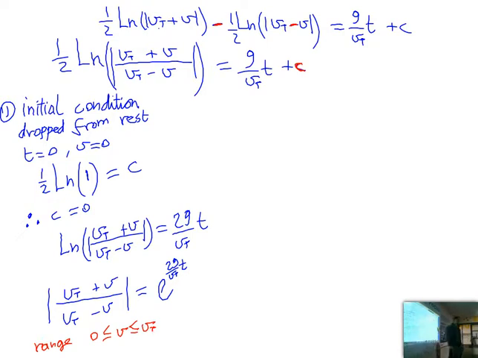Since that's the case, look at our fraction. What would be the overall sign of the numerator? If velocity is positive, going from 0 to terminal velocity, then the numerator will be positive. What about the denominator? It's also positive, that's correct. So overall, the fraction is positive. We can drop the modulus.